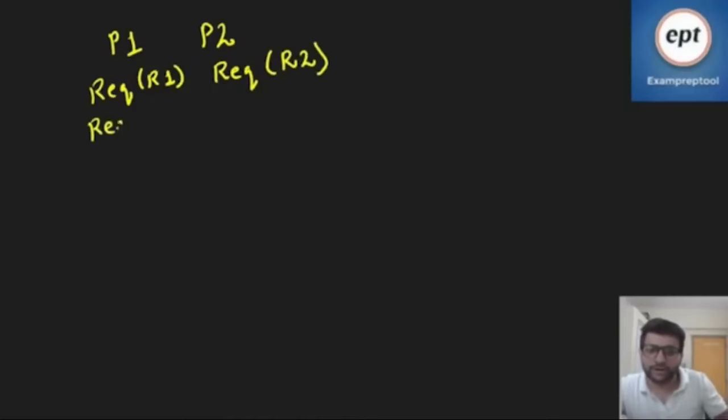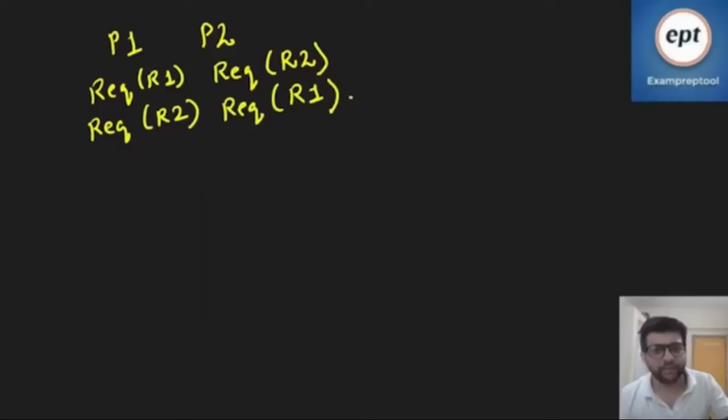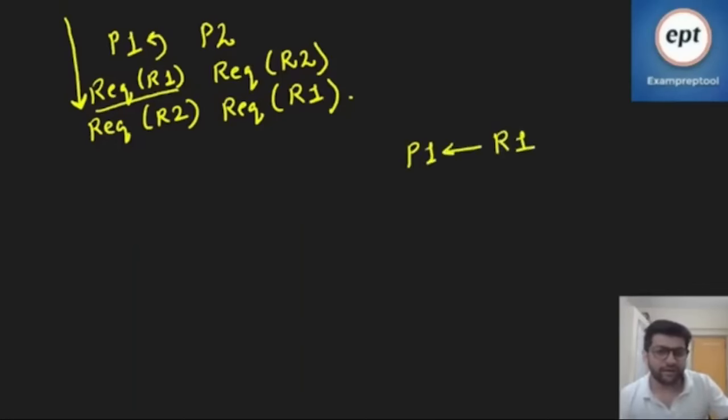Now P1 requests the resource R2 and P2 requests the resource R1. If P1 starts executing and gets preempted after the R1 resource is allocated to P1.